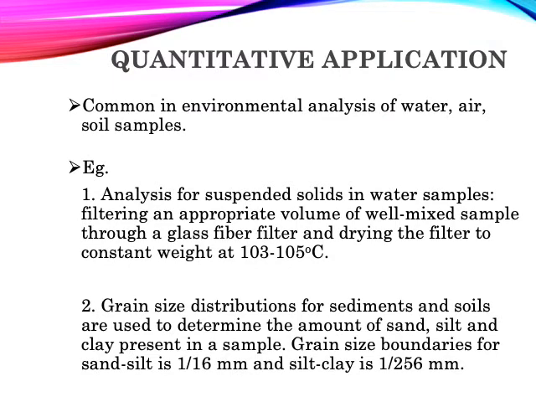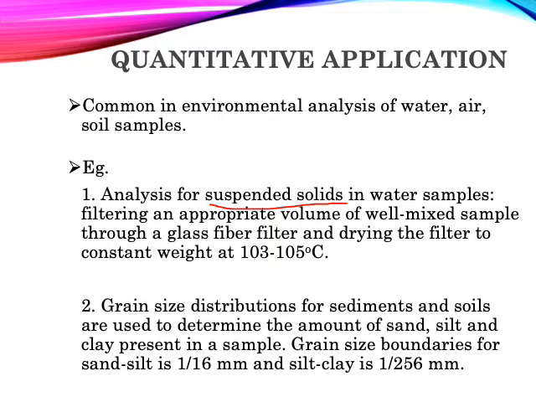Usually, this type of filtration is commonly used in environmental analysis of water, air, or soil samples. For example, the analysis for suspended solid in a water sample. You have the water sample, you need to determine the suspended solid.